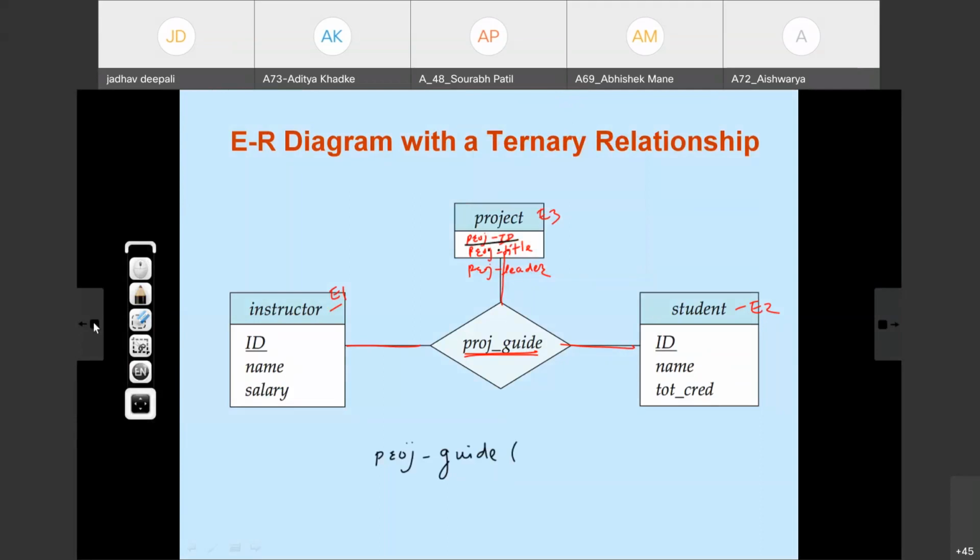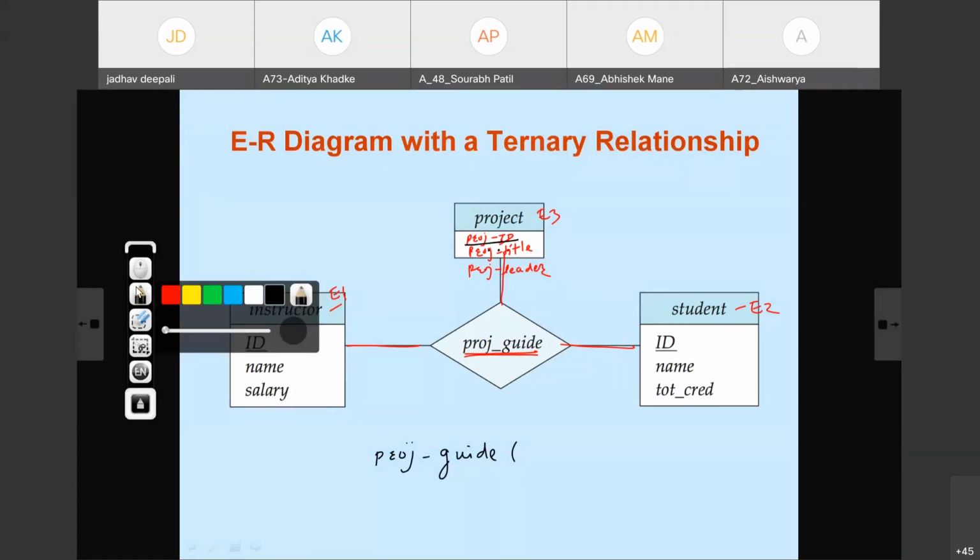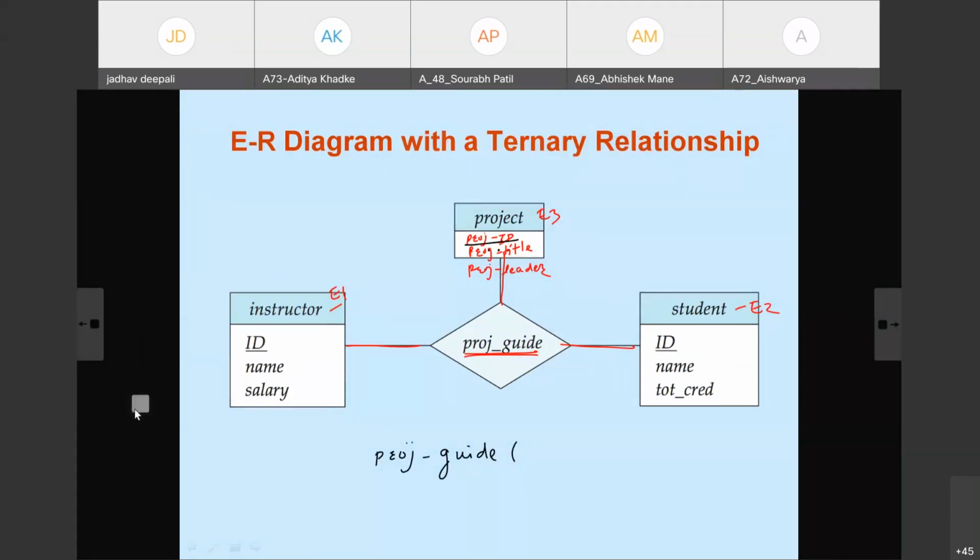The attributes of this relationship set project guide are the primary key of instructor, I write here IID so that it is easy to understand, SID is the primary key of student, and the primary key of project, that is project ID. So these are the attributes of this relationship set. Now what is the primary key?